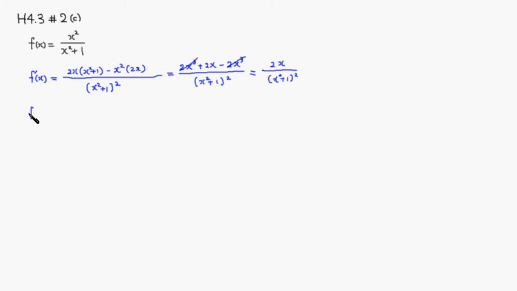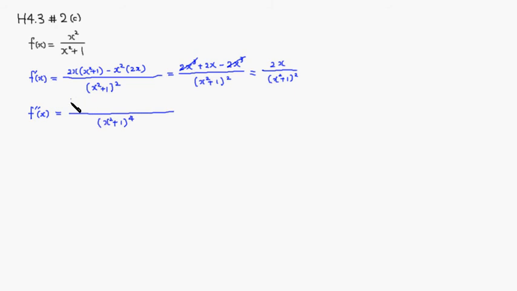So f double prime of x is equal to another quotient rule. Square the bottom, so x squared plus 1 to the fourth power because it was already squared.